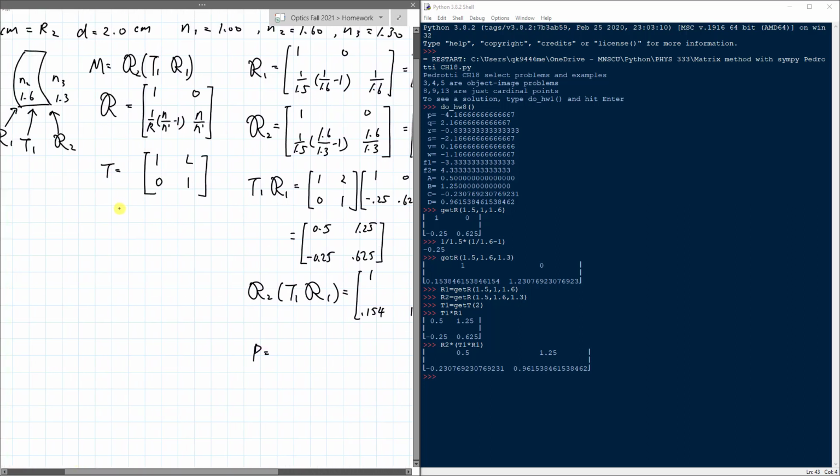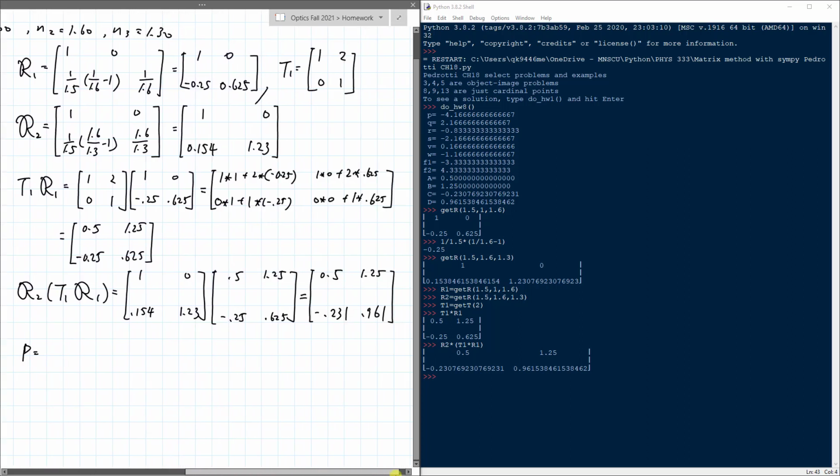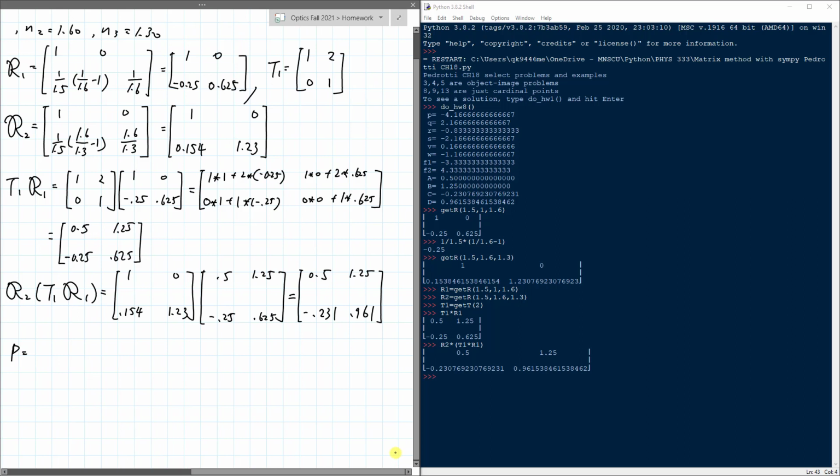I'll put a page number, page 404. You'll find all these matrices, and then with the PQRS, I'm going to point you to a list that's on page 410. So on page 410, you'll find these formulas.